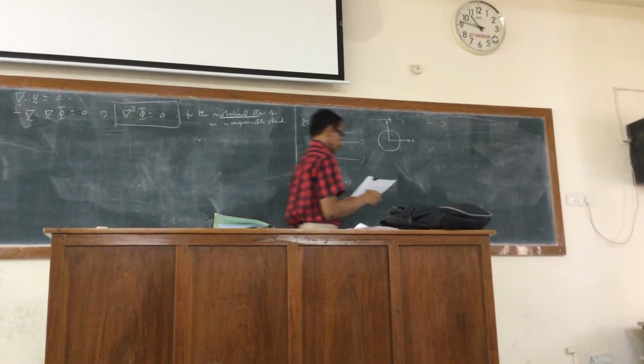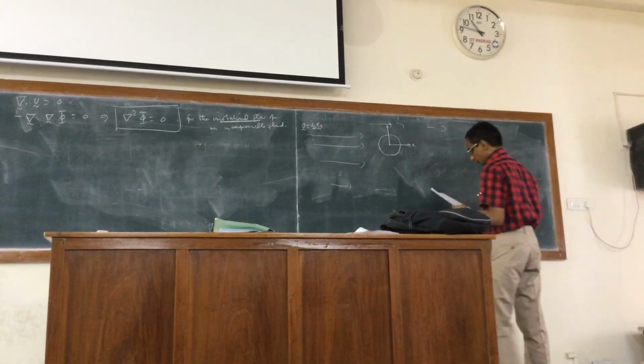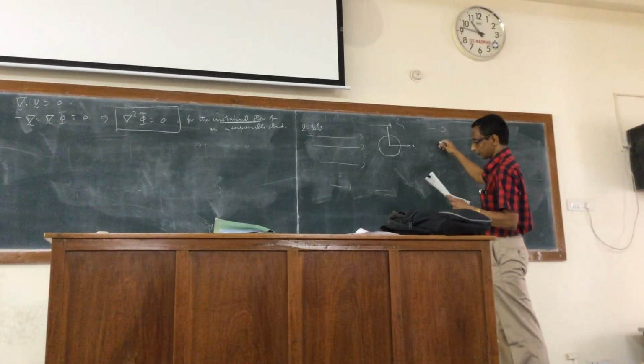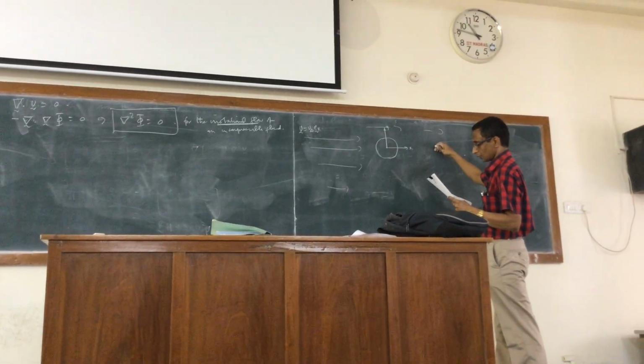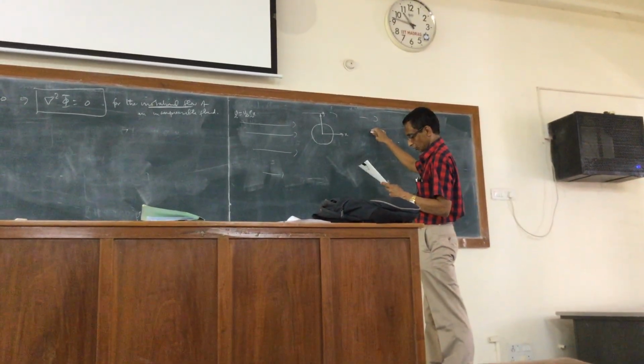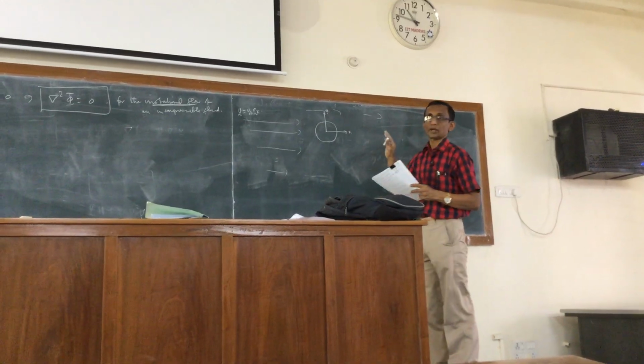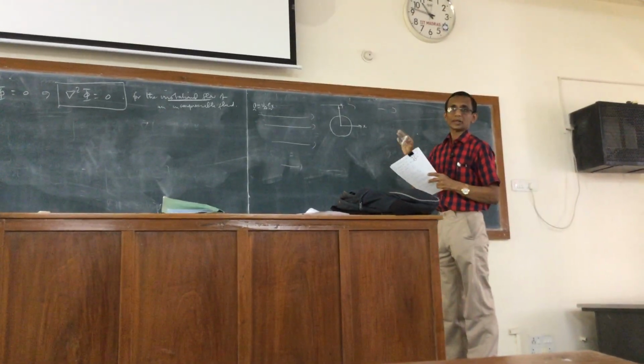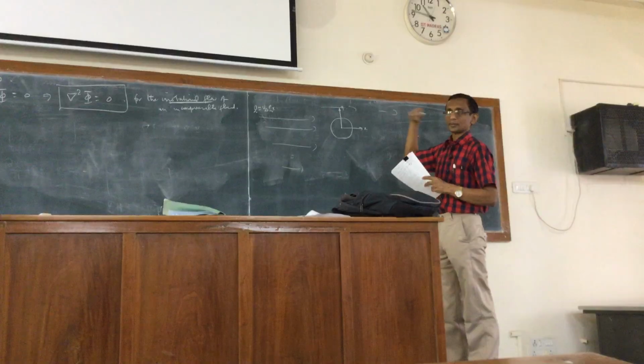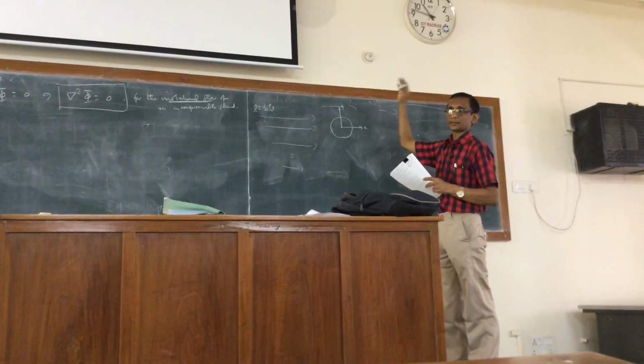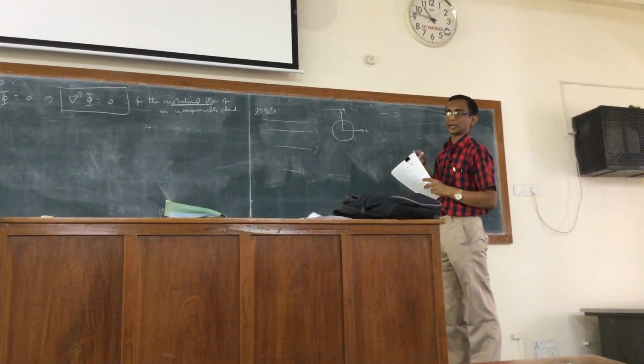Now, the equation I am going to consider here is only in the two-dimensional case. Even though we are not restricted to the two-dimensional case, we can assume that the cylinder is sufficiently long that the effect of the third dimension z can be neglected.